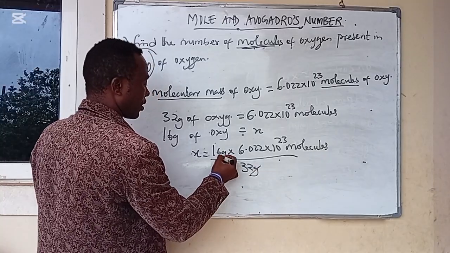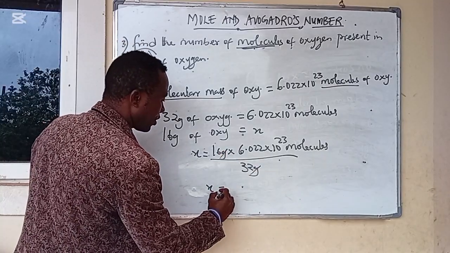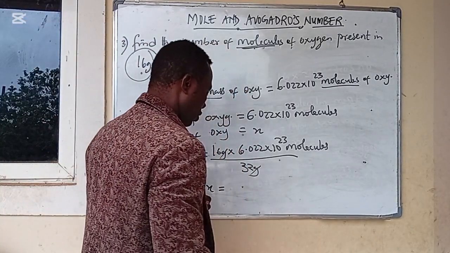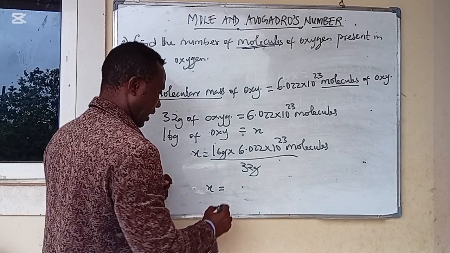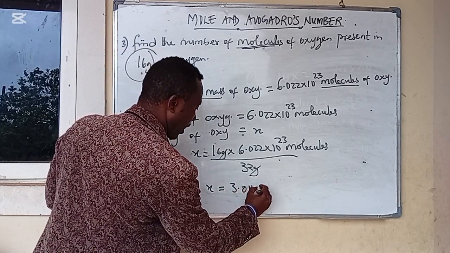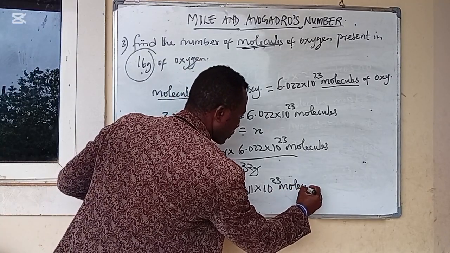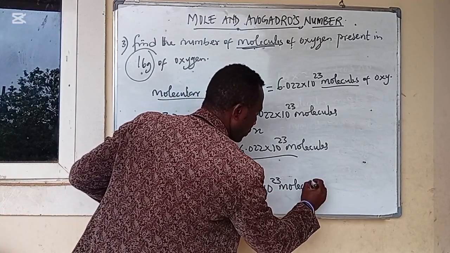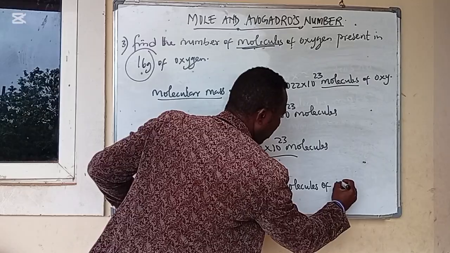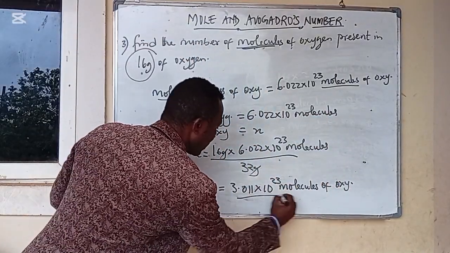Of course, gram will cancel gram. So that when you multiply out, you will be having 3.011 times 10 raised to power 23 molecules of oxygen. So that is the answer.